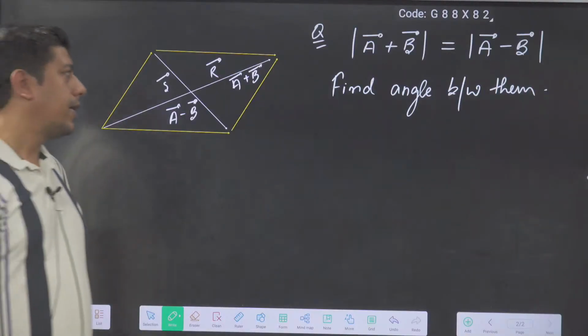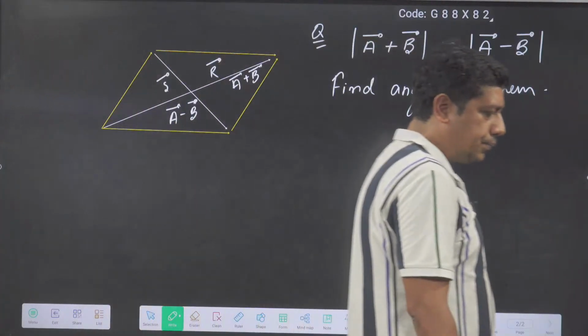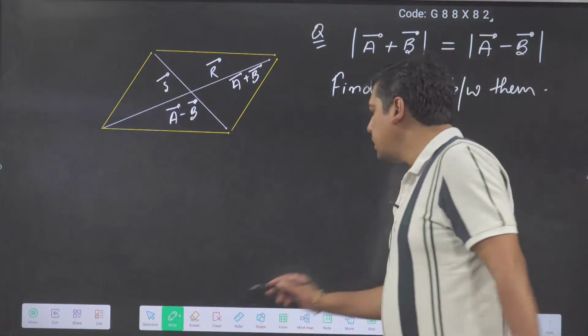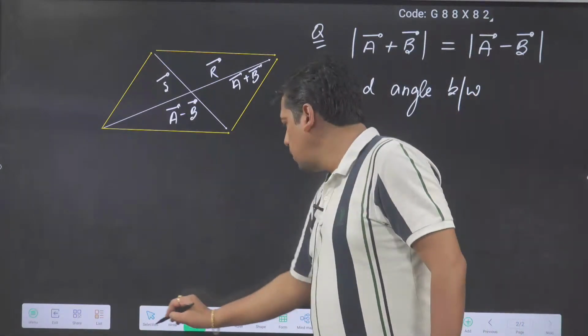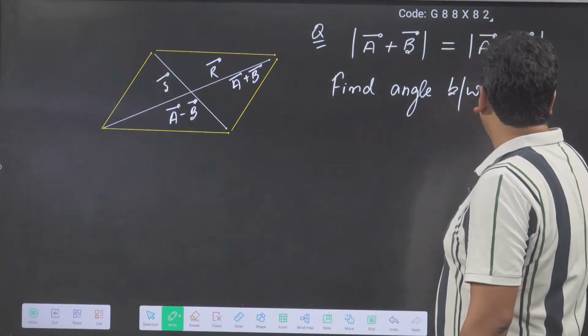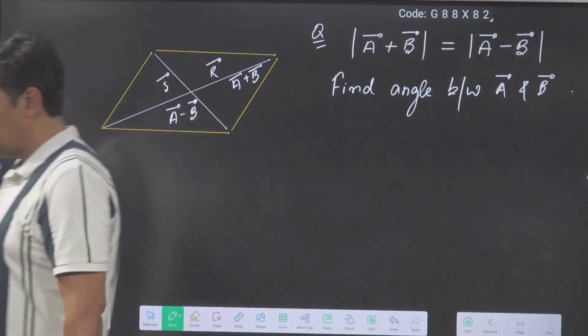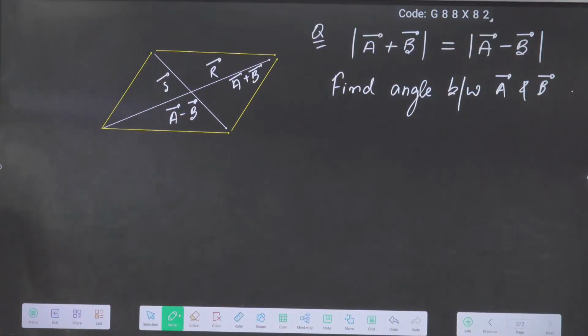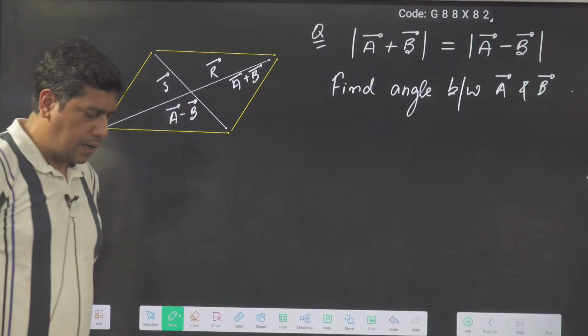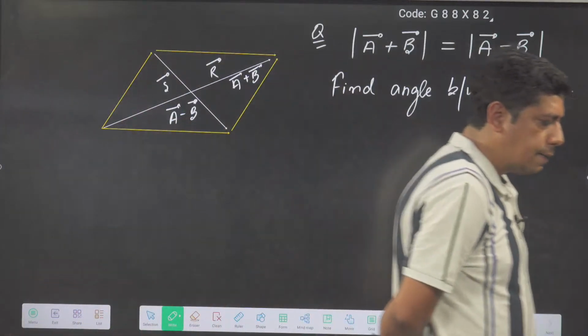Find angle between A vector and B vector. You already know the formula of A plus B and A minus B. Come on.